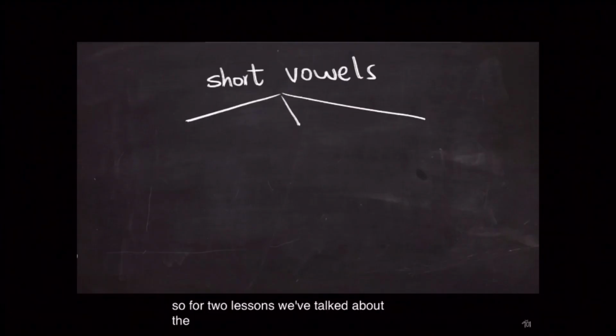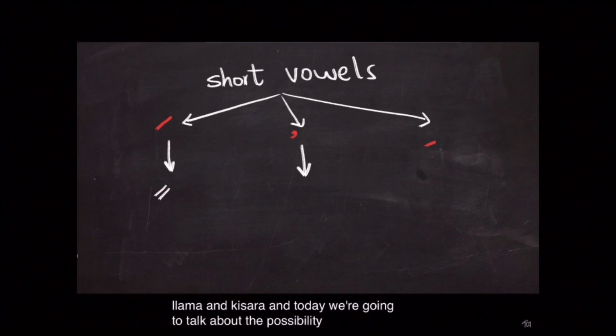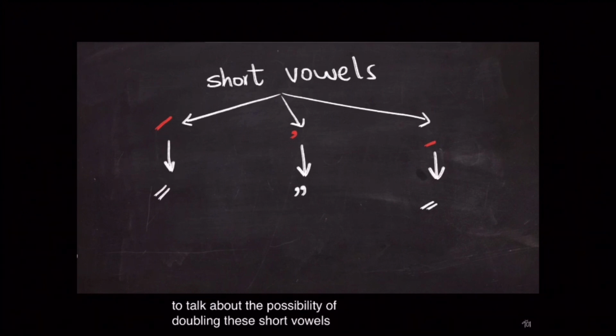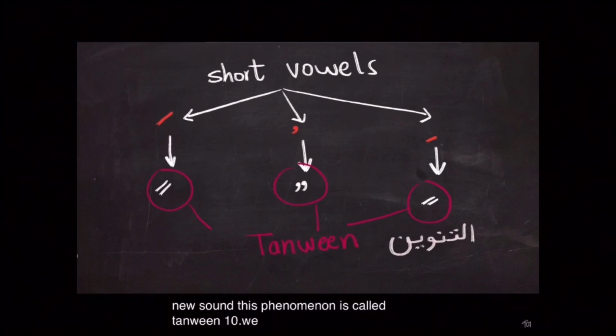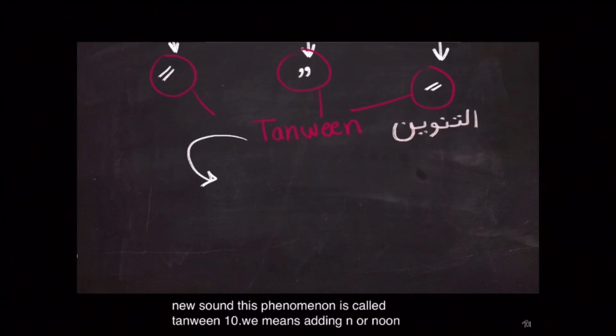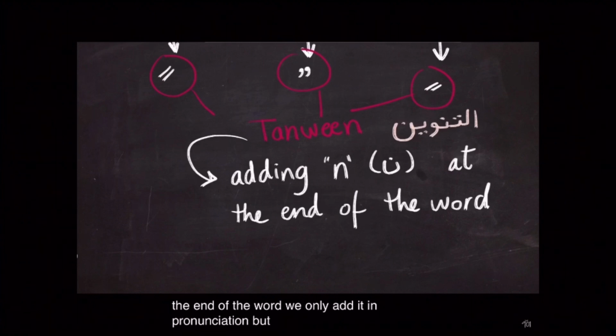We've talked about the short vowels in Arabic. They are fatha, dhamma, and kasra. And today we're going to talk about the possibility of doubling these short vowels to produce a new sound. This phenomenon is called tanween. Tanween means adding n or noon at the end of the word. We only add it in pronunciation, but we don't actually add it in writing.